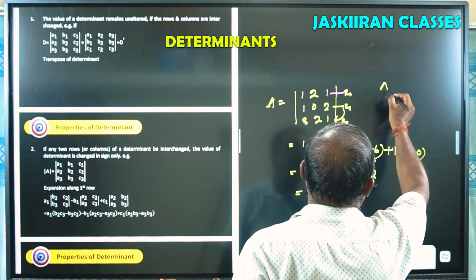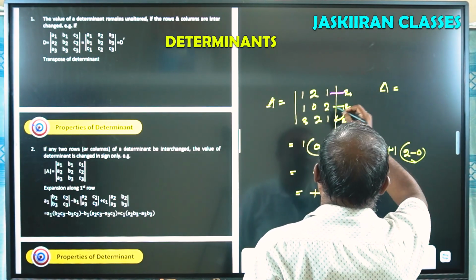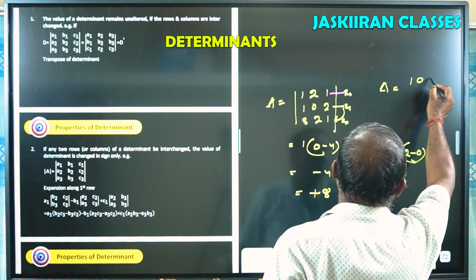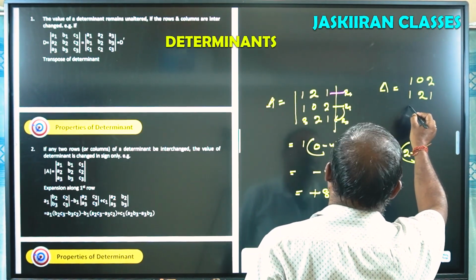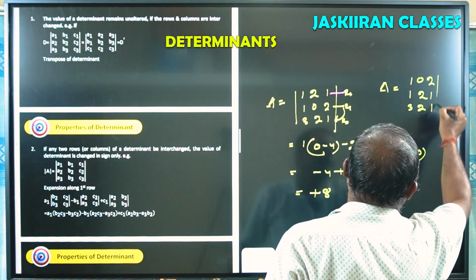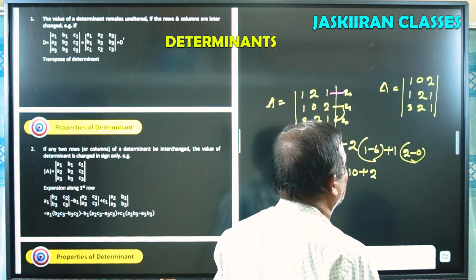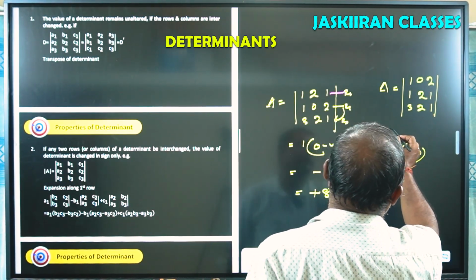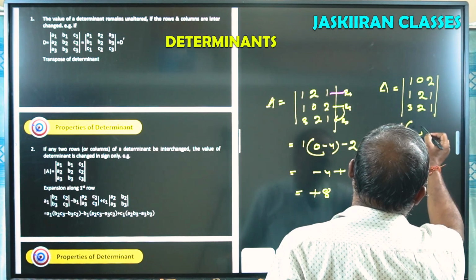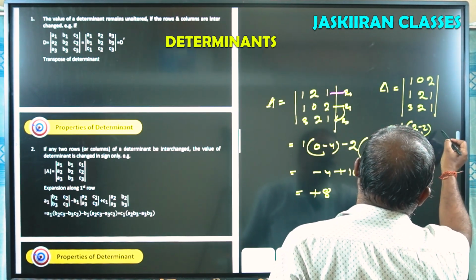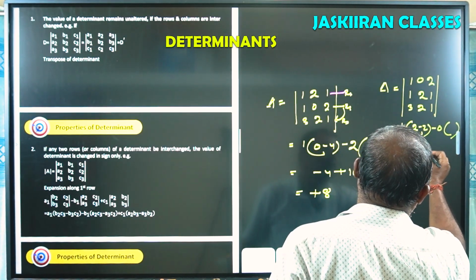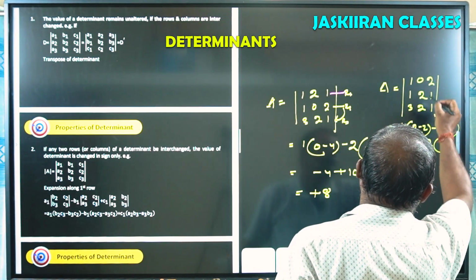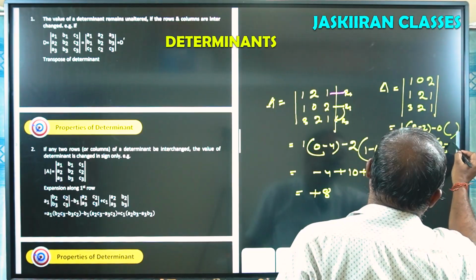Well, the determinant del is equal to, we see, then change 1 0 2 and also 1 2 1, then 3 2 1. So now we get 1 into 2 minus 2, then minus 0 plus 2 into 2 minus 6.